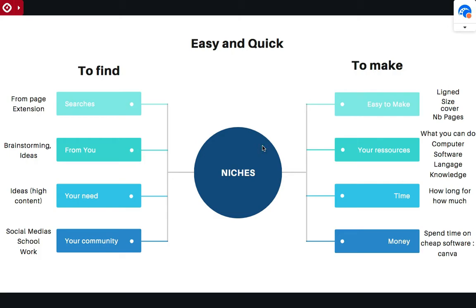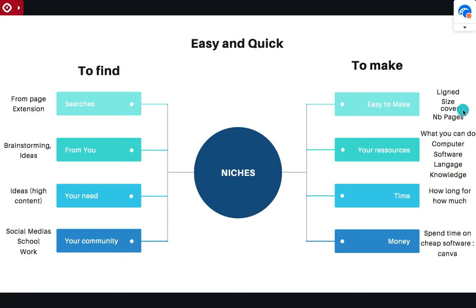So, I don't know. You're a starter, a beginner, so I suggest you start by this. You search online, and then you make an easy notebook. Because the easier it is, the quicker you publish, and the more you publish, the more you learn and gain experience. If you publish on the American market, I suggest you publish line notebooks in 6x9 size.